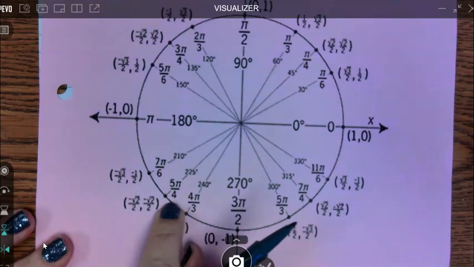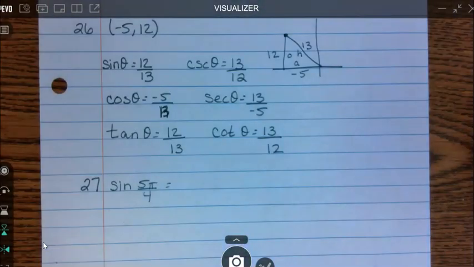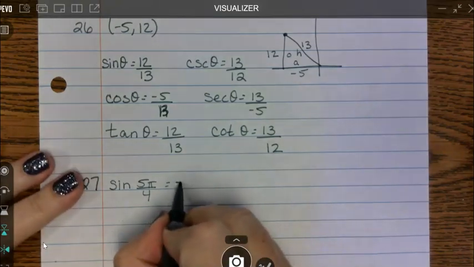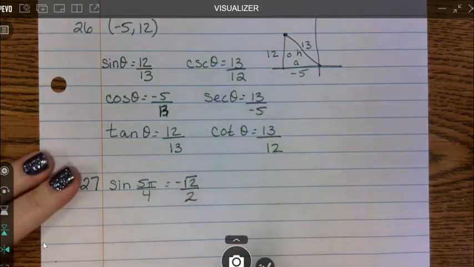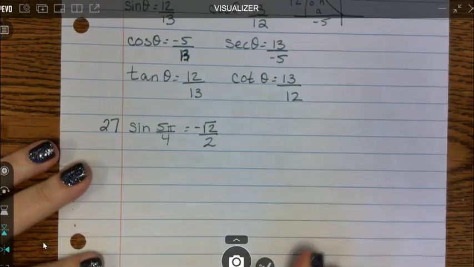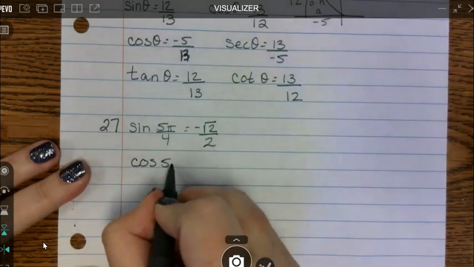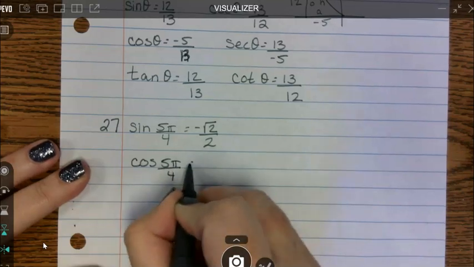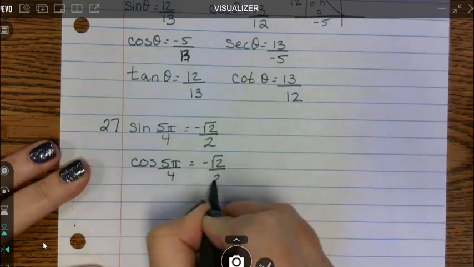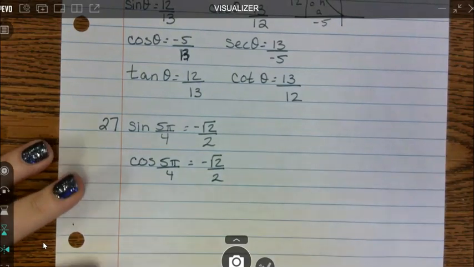And remember sine is the second one, negative square root 2 over 2. Cosine, this will be our x value, is negative square root 2 over 2. I like it when they're the same.